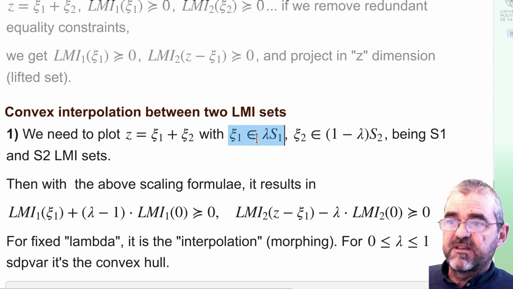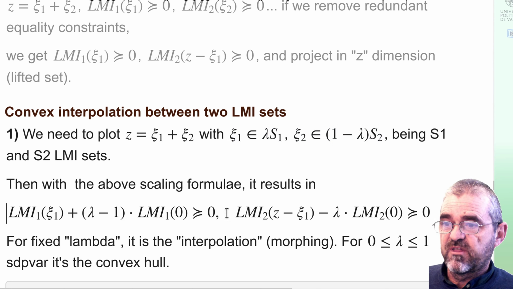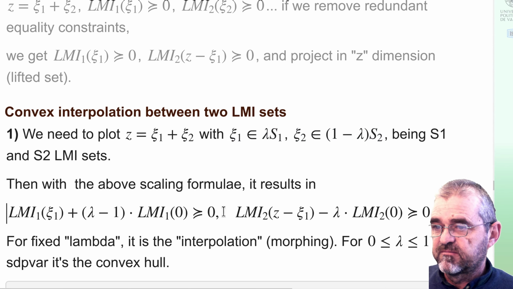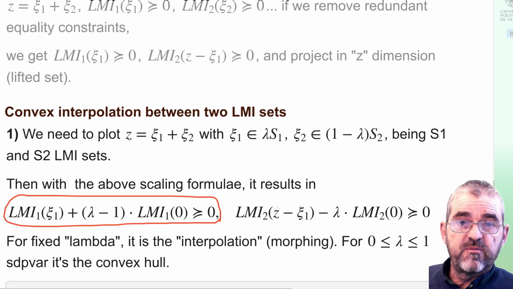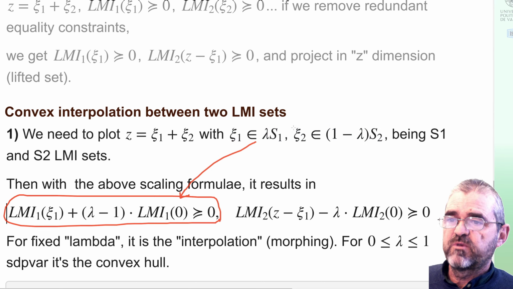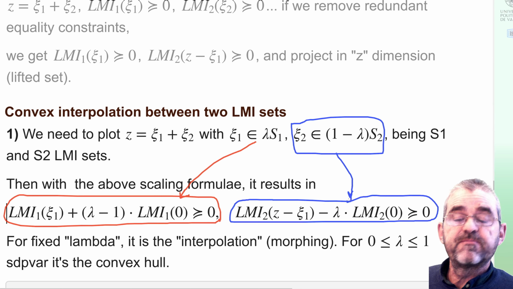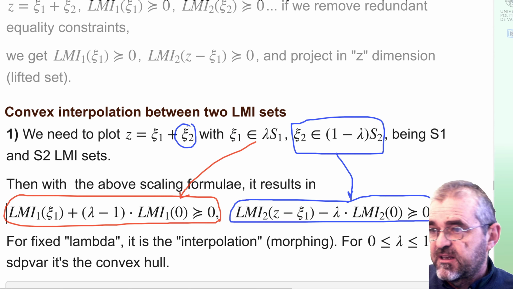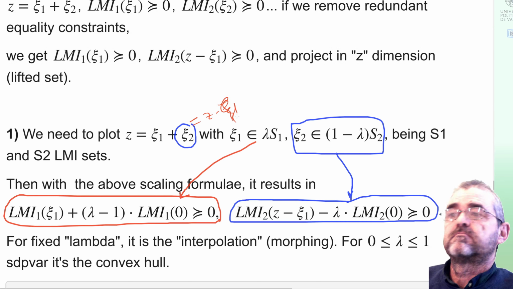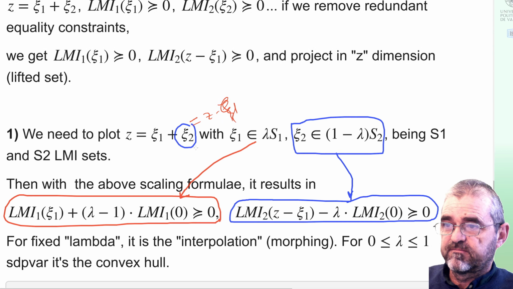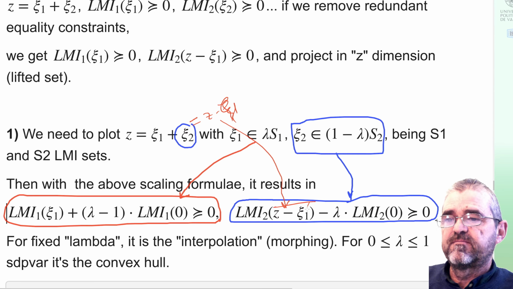So if we just replace this condition with the scaling formula we saw a few minutes ago, and we replace this thing with the scaling formula, instead of lambda, 1 minus lambda, we get this, and we also eliminated chi2, z minus chi1, to put it there.